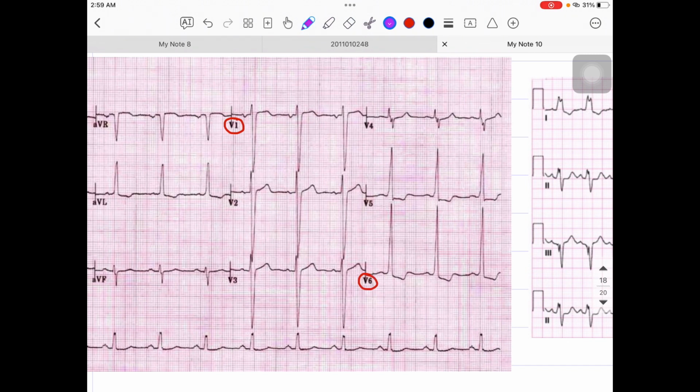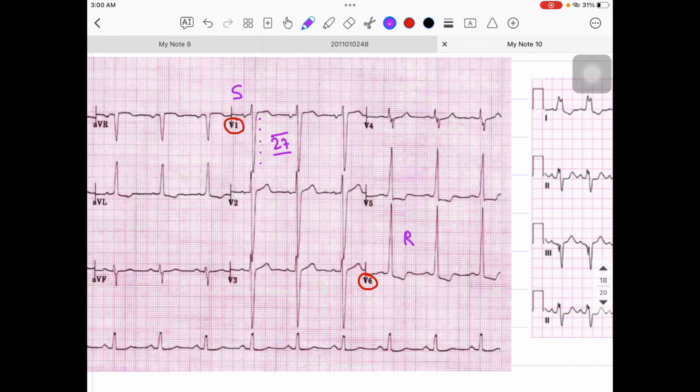In V1, if I count the boxes, you need to focus on the S wave in V1 and the R wave in V5 or V6, right? We know that very well. So I'm going to count the number of small boxes over here as well. 1 2 3 4 5 big boxes, that is 25, or I can say that is 27 small boxes.